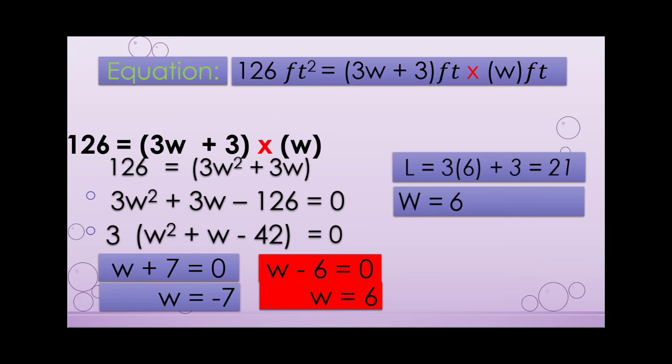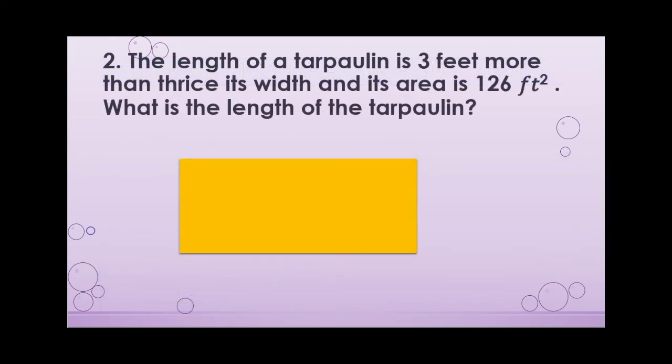And the area is 21 feet multiplied by 6 feet is equal to 126 square feet, which is given sa ating problem. So, we have now the width, which is 6 feet, the length, which is 21 feet, and the area is 126 square feet. Okay ba?